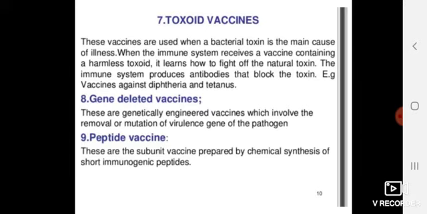These are genetically engineered vaccines which involve the removal or mutation of a virulence gene of the pathogen. Some pathogens' genes will be changed or mutated, and that is introduced in the body. And another one, peptide vaccine. These are chemically synthesized immunogenic peptides, introduced in the body.